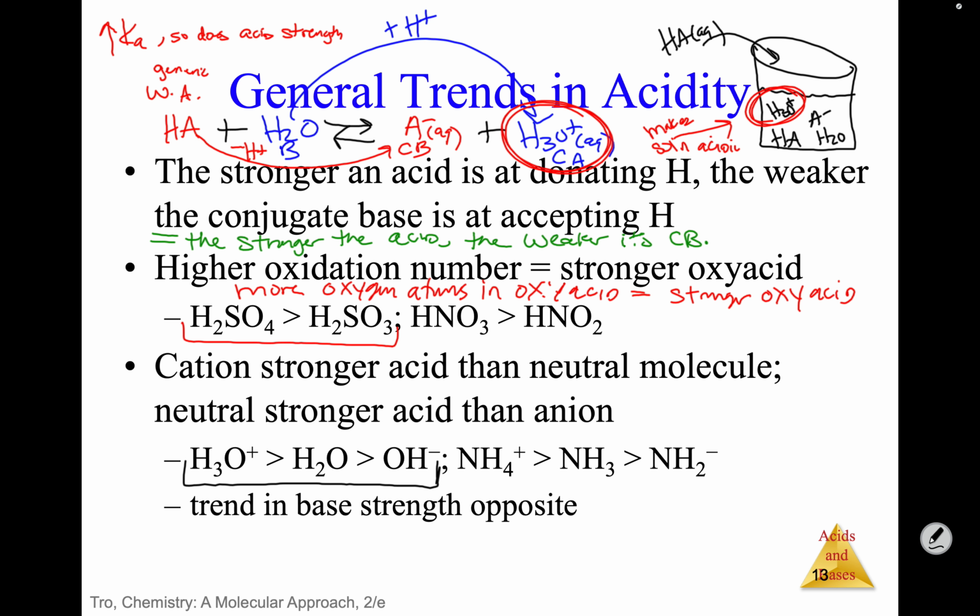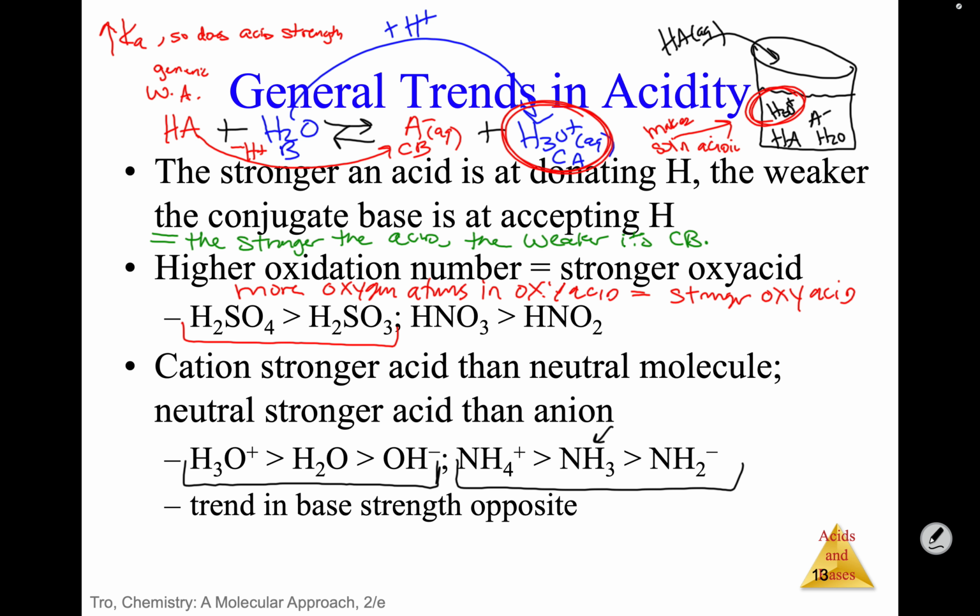The more H's I have, the easier in general it's going to be to give one up. So hydronium is acidic, water is neutral, hydroxide is basic. Another series starts in the center with ammonia, which I know is basic. The cation is acidic, the anion, NH2 minus, is a stronger base. The trend is opposite in base strength: strongest base, neutral, and the cation is acidic.